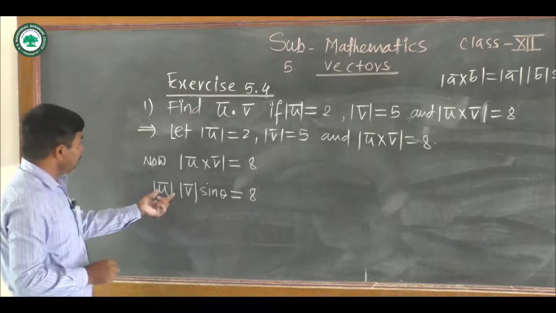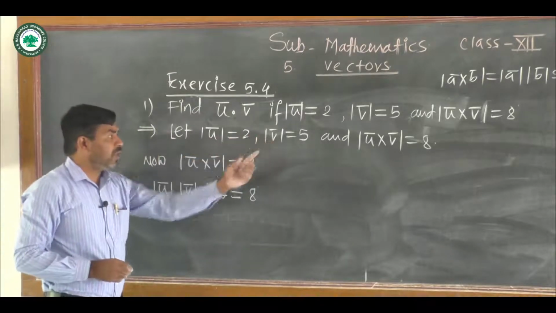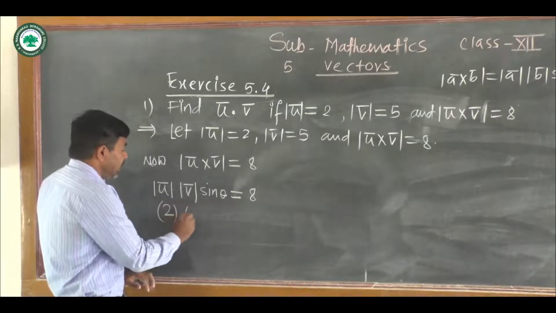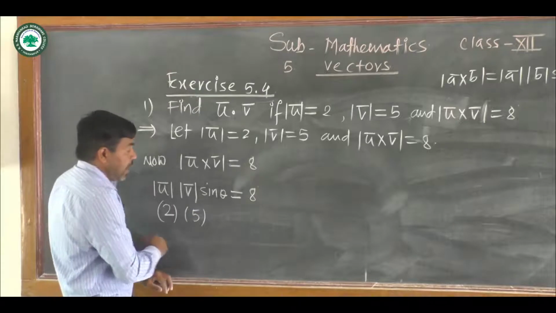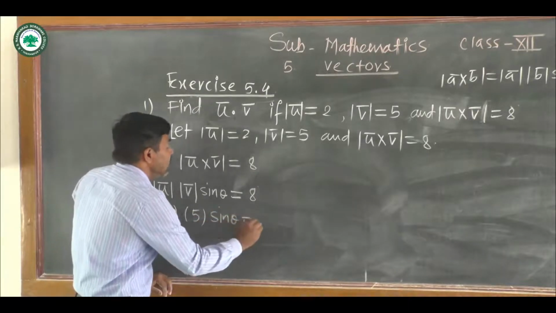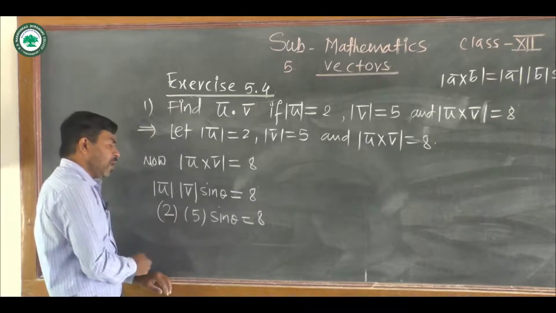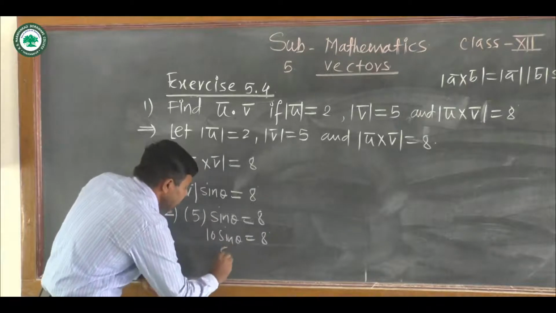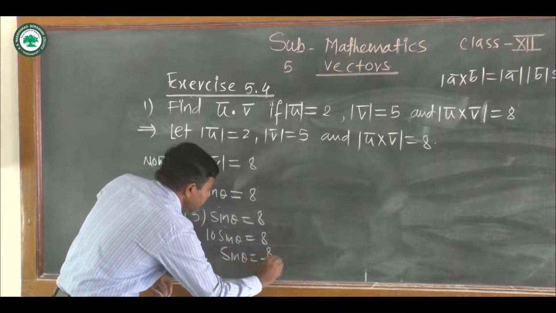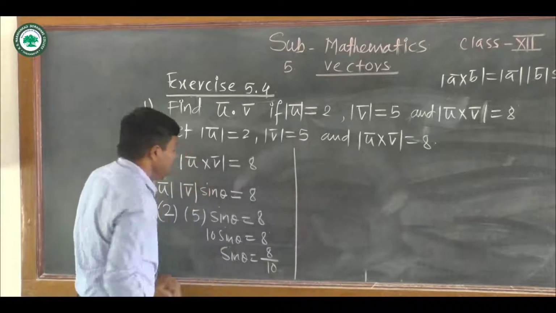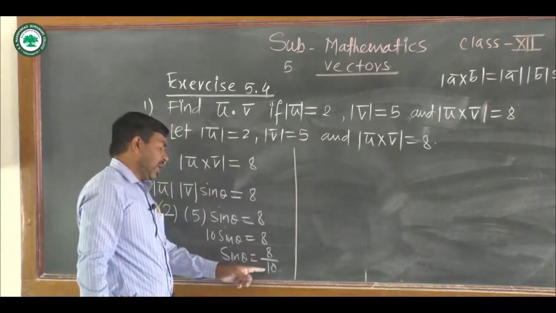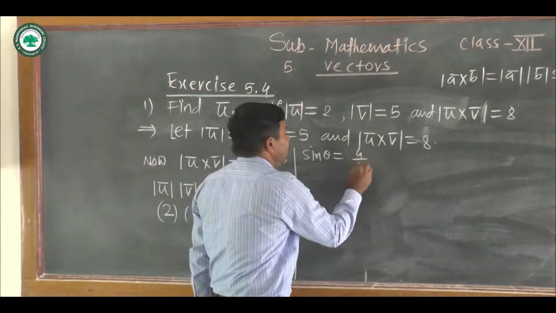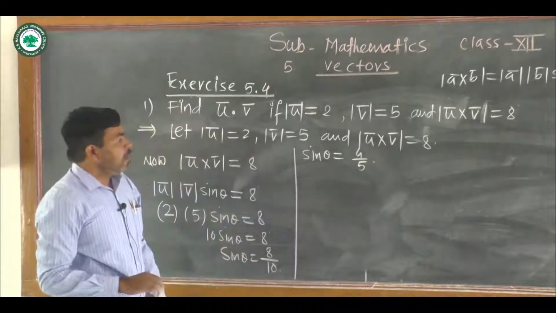So magnitude of vector U, that is 2, into magnitude of vector V, that is 5, into sine theta is equal to 8. 2 into 5 become 10. So 10 into sine theta is equal to 8, so sine theta is equal to 8 divided by 10. Now 2 4s are 8 and 2 5s are 10, so sine theta is equal to 4 by 5.